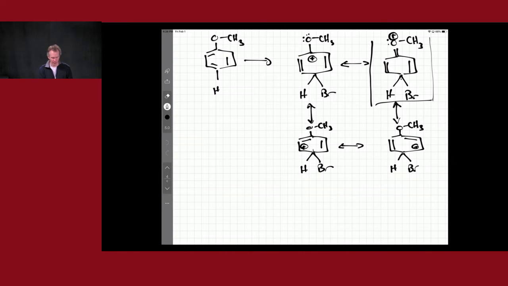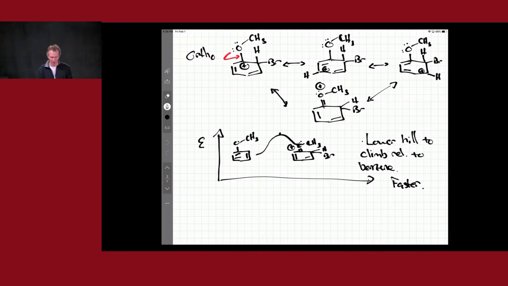So in both cases, those should have lower overall energies compared to where the meta-isomer would be. The meta-isomer we would predict would be higher in energy, so therefore the rate of its formation should be slower.